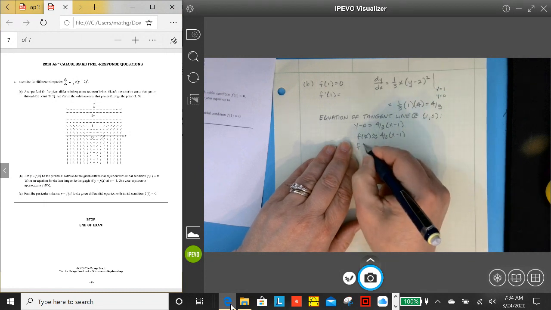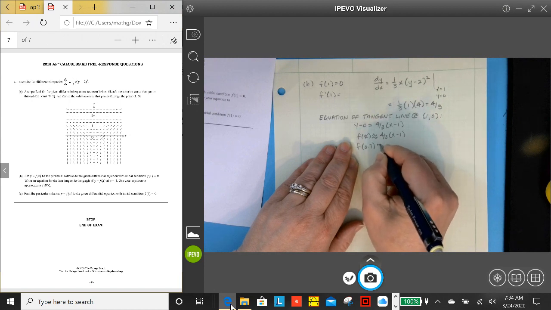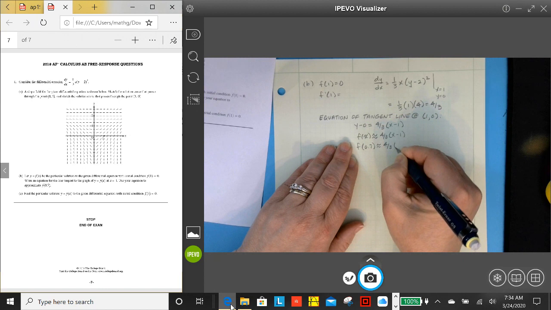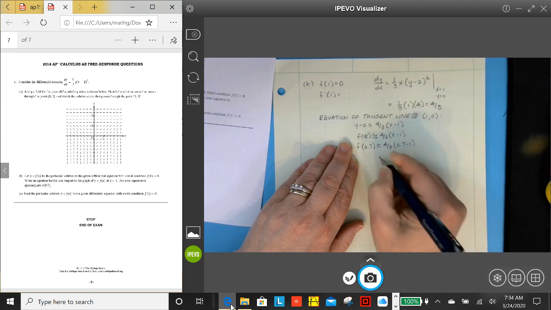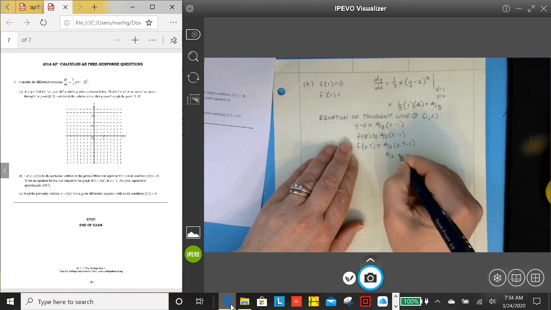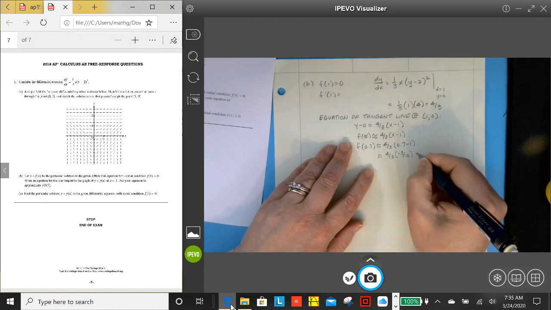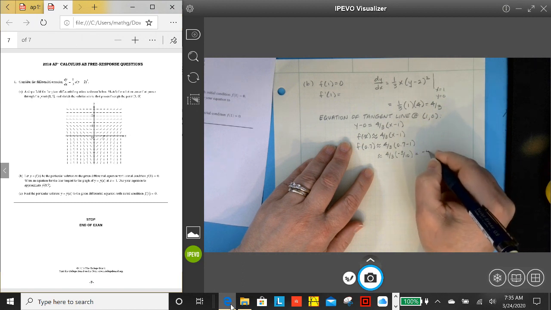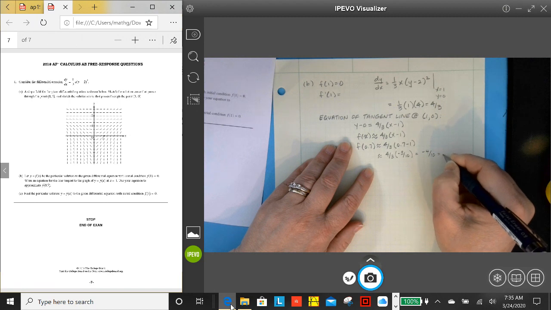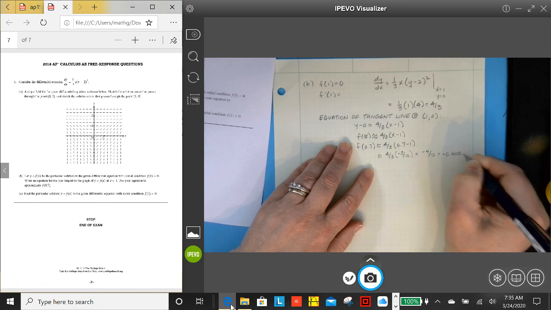So I'm going to say f(0.7) is approximately 4/3 times (0.7 minus 1), which is 4/3 times -3/10, right? Because it's -0.3, which is equal to -4/10, which is equal to -0.400.